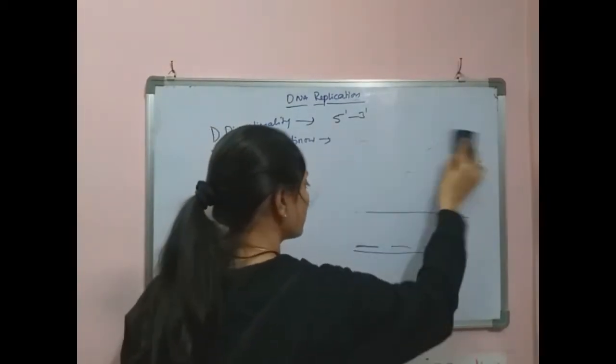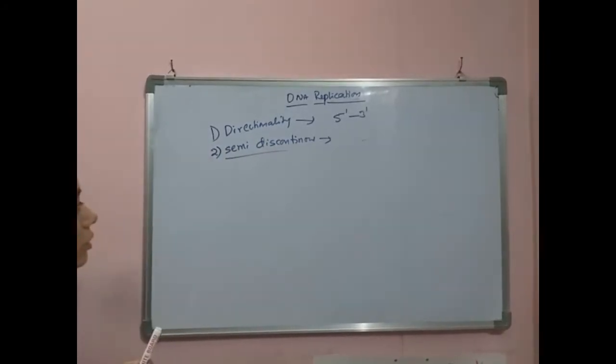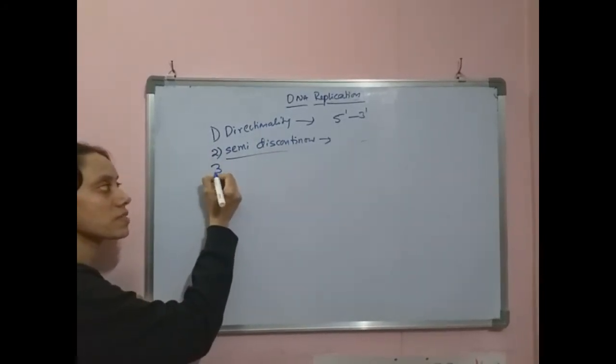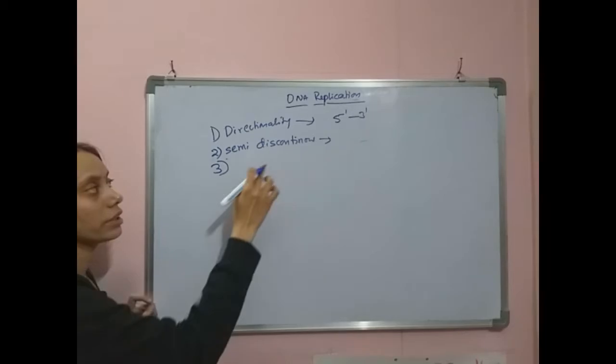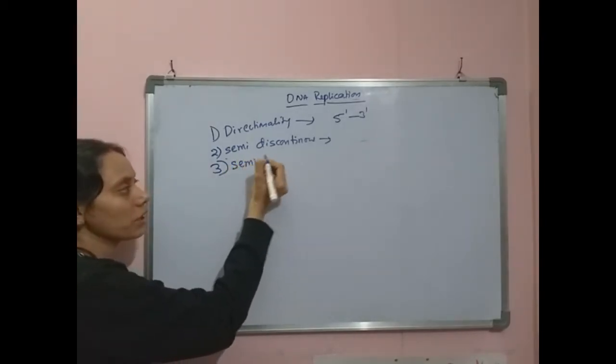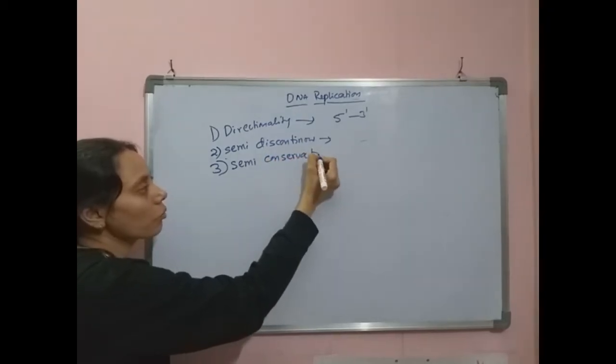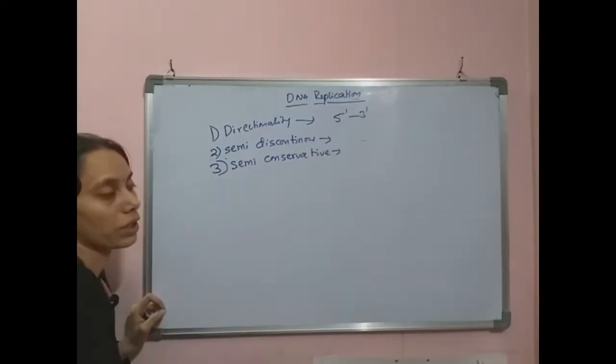So what are the other characteristic features of the DNA? DNA replication has directionality, it is semi-discontinuous, and it is semi-conservative. What is the semi-conservative mode of replication?